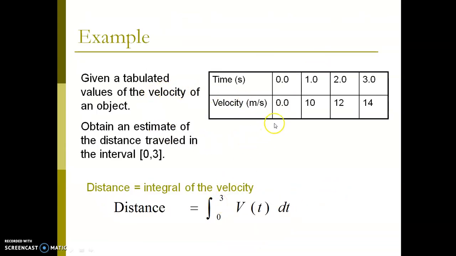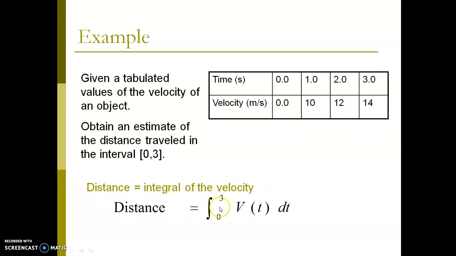Now suppose we are trying to calculate velocity and time is given, and we are trying to estimate the distance travelled in the interval. For solving such problems, the data points will be available in the form of time and velocity, which are the independent and dependent variables, whereas we need to understand that the distance is the integral of velocity.